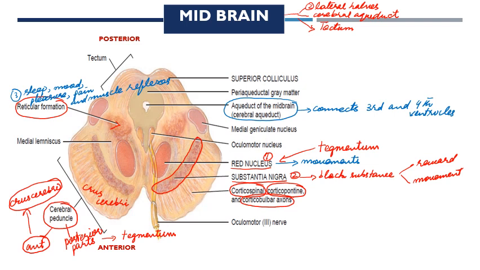Then the last portion of the midbrain is tectum. Tectum is located posteriorly in the midbrain, and the tectum is composed of four swellings: two superior and two inferior swellings.